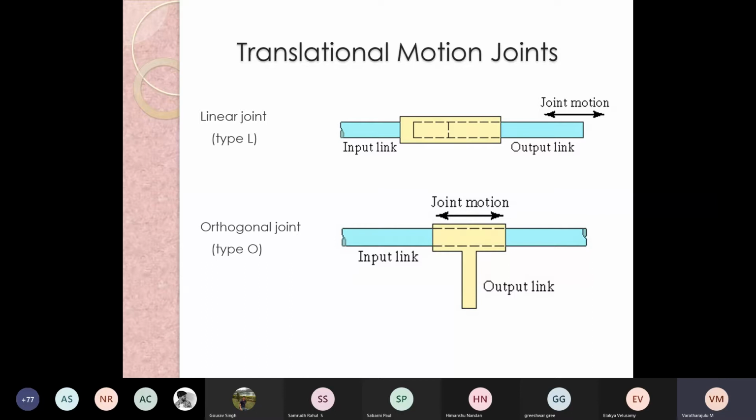Here also we have linear sliding, but the 2 links are perpendicular to each other, while the motion between them is linear. The orthogonal joint is written as O in short form.